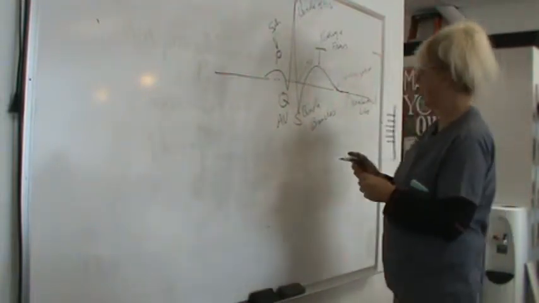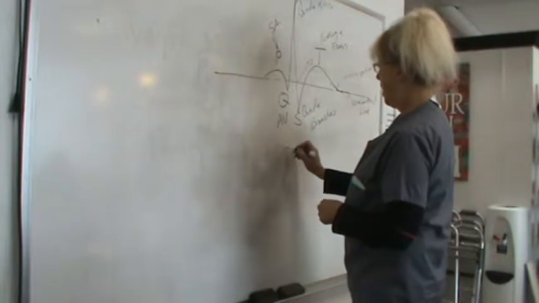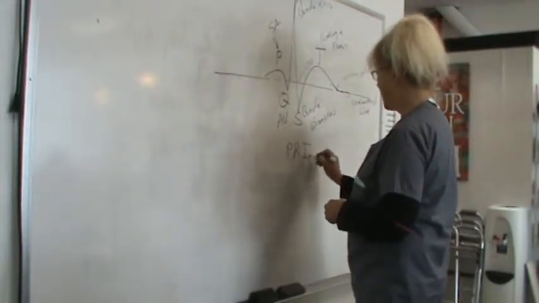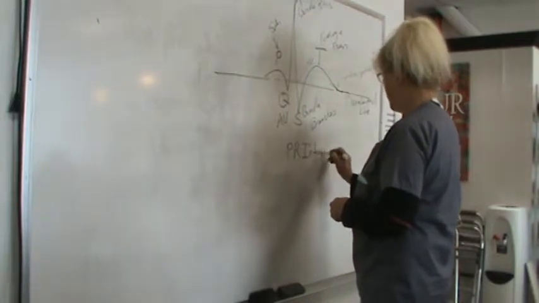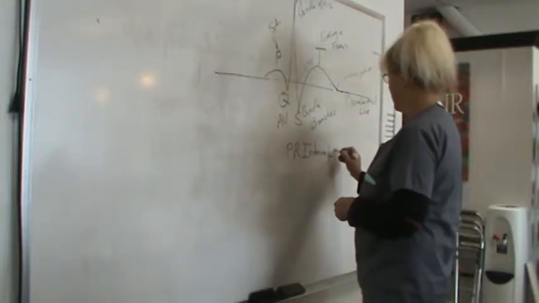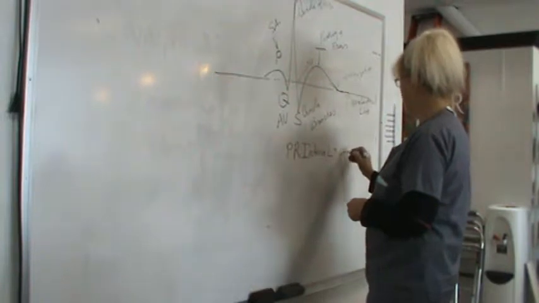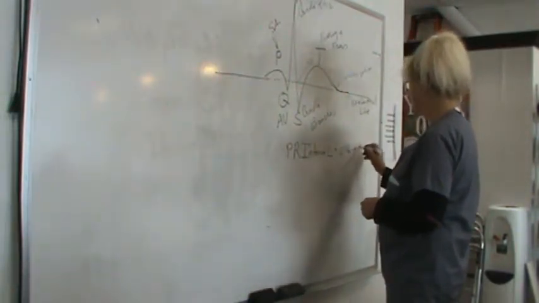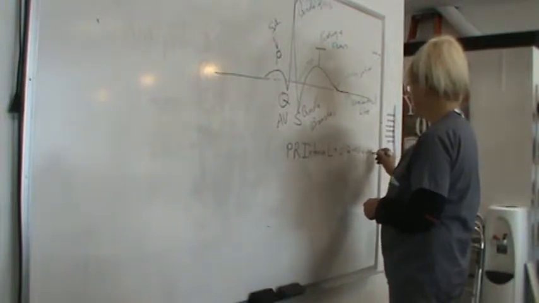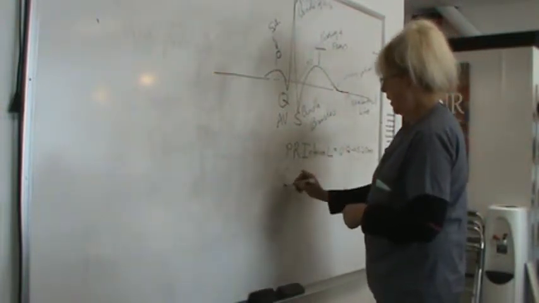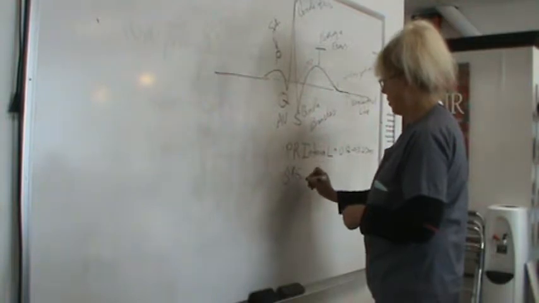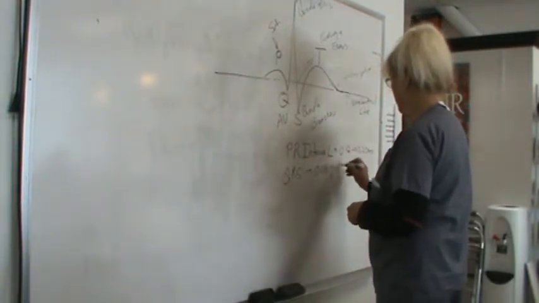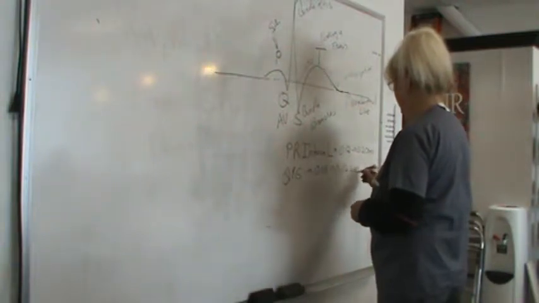So the distances that I'm going to show you are your PR interval. Some people say PRI. A normal PR interval is between 0.12 seconds to 0.20 seconds. We're going to look at the QRS interval, which is usually between 0.08 to 0.12 seconds.